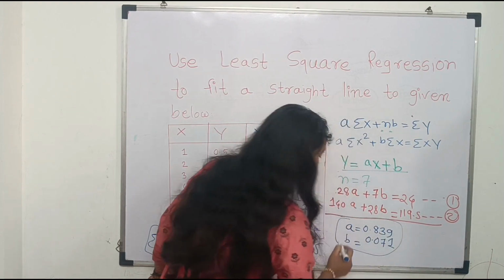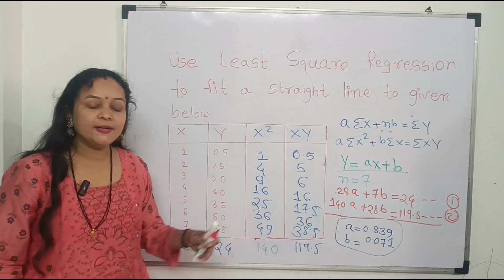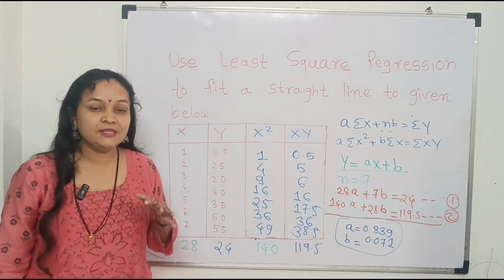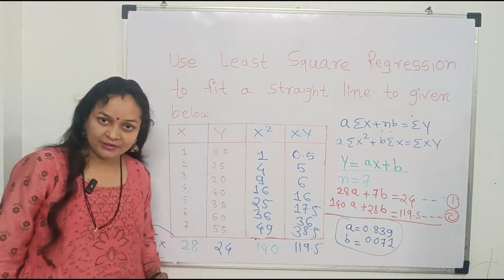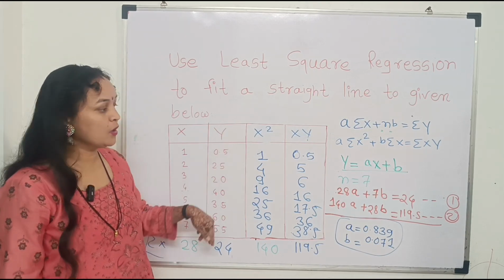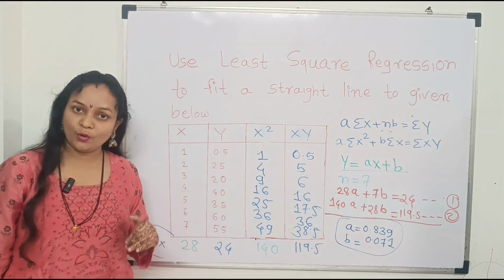So that's it, that is your answer, because here you are finding the coefficients of the least square method. So this is the whole solution of this particular problem.